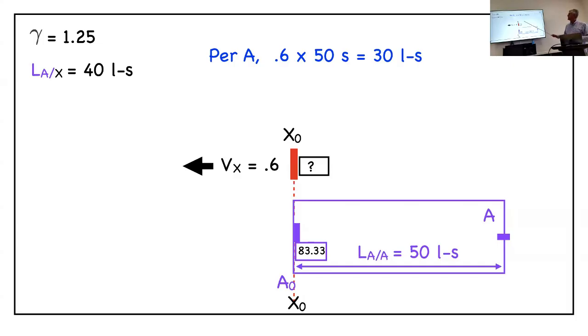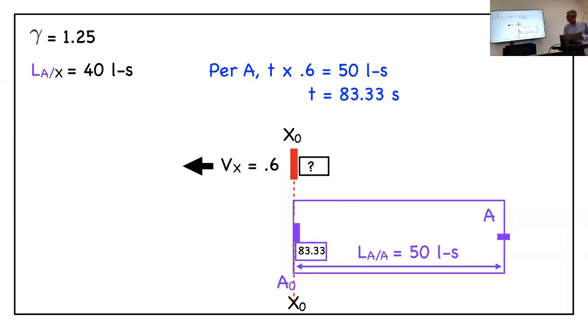Per A, is that what I mean? Oh, I know. This is getting to your point. There's another way to get to 83.33. That's right. Okay. So what I did was I said, are we sure this is right?